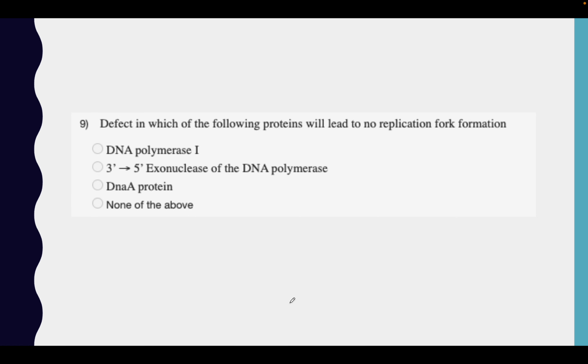Now, defect in which of the following proteins will lead to no replication fork formation? A few questions back we have covered the origin of replication.